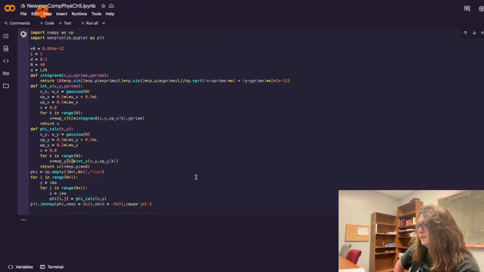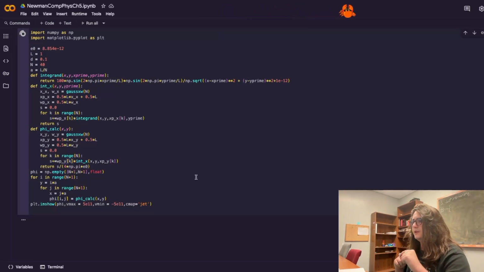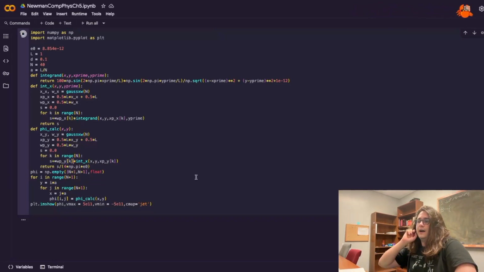What it's doing is running through 40 times 40, so roughly 1600 different points on the grid map. But then also on each of those grid points doing a Gaussian quadrature integral twice. So it has to do 40 points of Gaussian quadrature in x and also 40 points in y, which I don't even know how many points it has to go through.